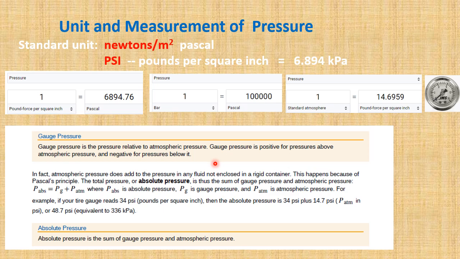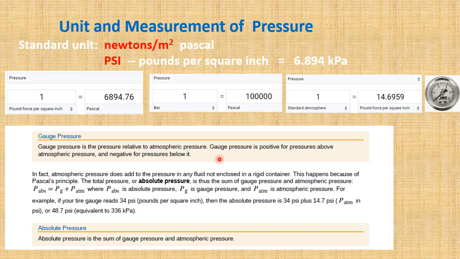gauge pressure. Because you don't want to confuse yourself, or keep saying how much the pressure is actually higher than the regular atmospheric pressure. So the gauge pressure is the amount above the normal pressure. Say you blow up a balloon, so the pressure is higher inside the balloon.